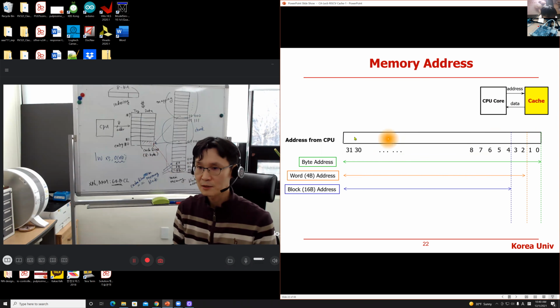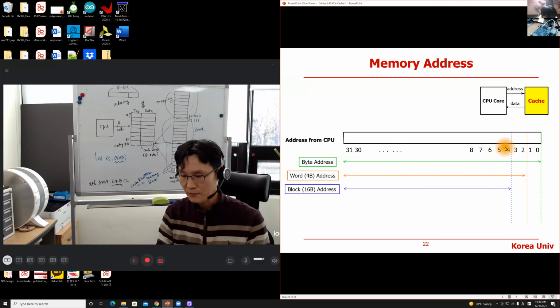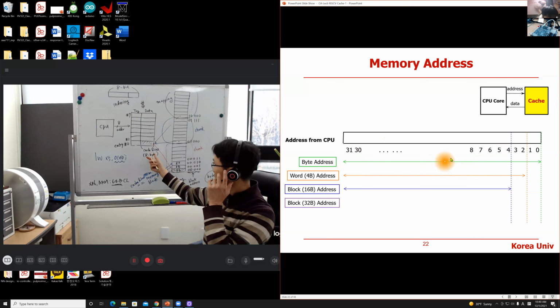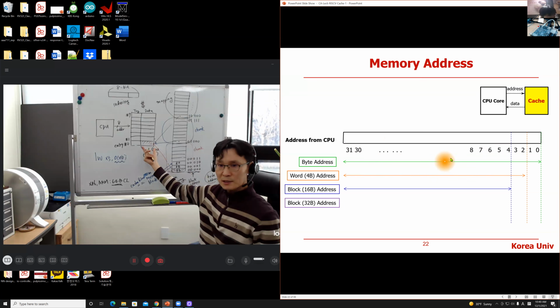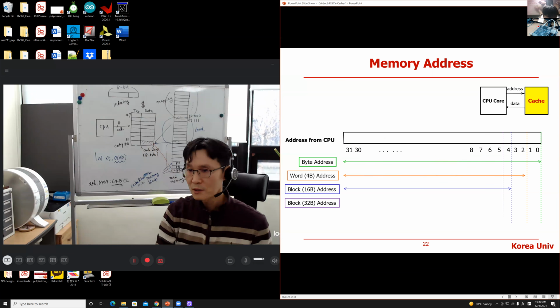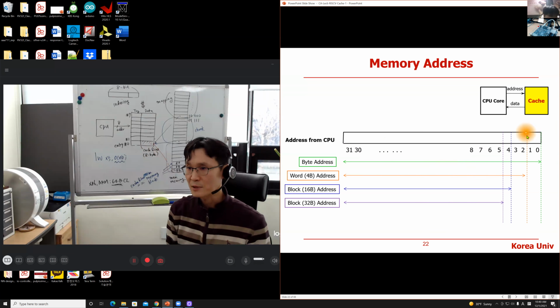Okay, this one. 3124, that is the word address. If the block size is 32 bytes, then you can ignore the last 5 bits. Okay, so address 3125, that is a block address.